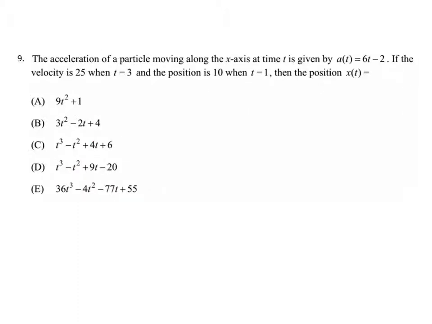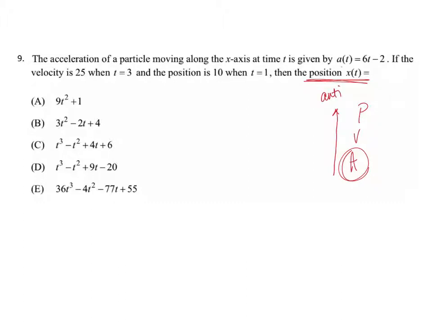For our next problem, again, we have PVA, so position, velocity, acceleration. We're given acceleration, and I want to know the position function. So I'm going to have to move up this chain, which is your antiderivative.